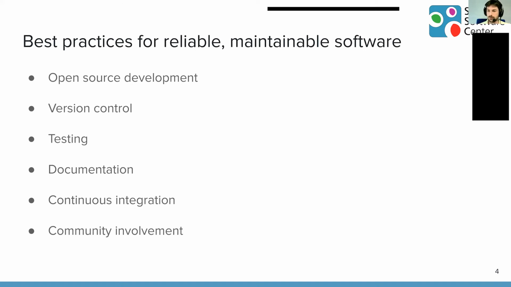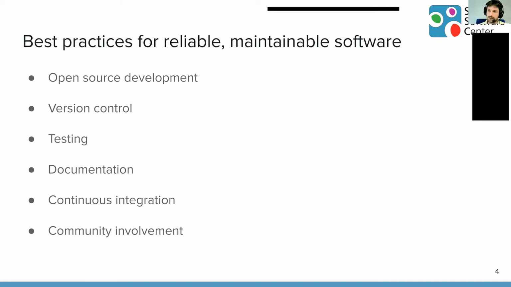And so I'm just going to go through some basic best practices for producing reliable, maintainable software, which are open source development, so making your code public; version control, so using a tool to follow the history of your changes to the code; testing, so writing code that tests the code; documentation, so writing down how to use the code and what it does; and then 2 more which are maybe somewhat less obvious.